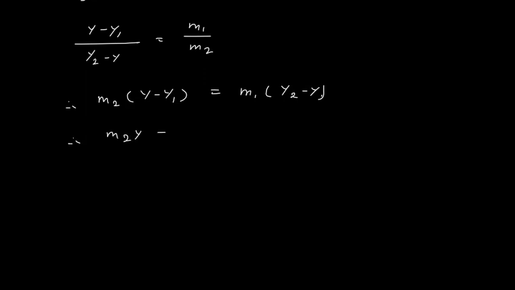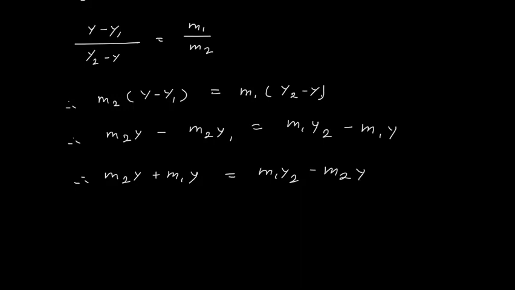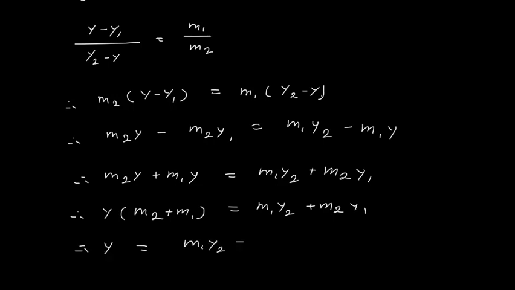So I have to find the value of y. I open the brackets: m2y minus m2y1 is equal to m1y2 minus m1y. I bring the y terms to the left, so I have m2y plus m1y is equal to m1y2 plus m2y1. I take y common: y times (m2 plus m1) is equal to m1y2 plus m2y1. Therefore y is equal to (m1y2 plus m2y1) divided by (m1 plus m2).